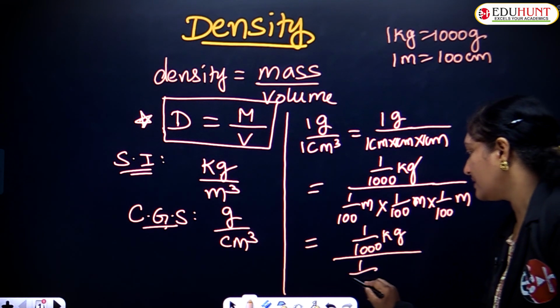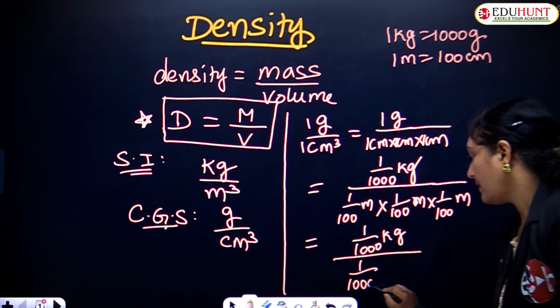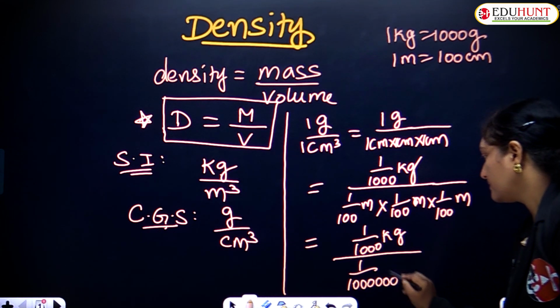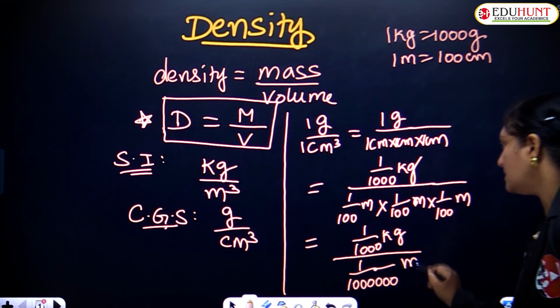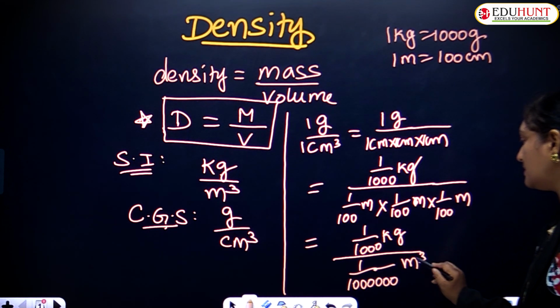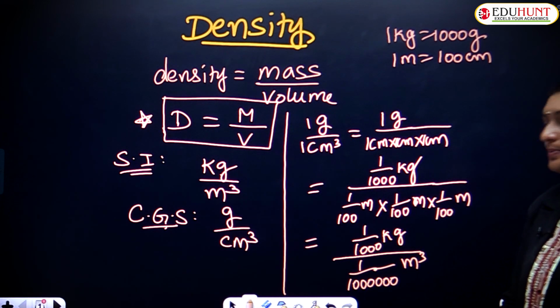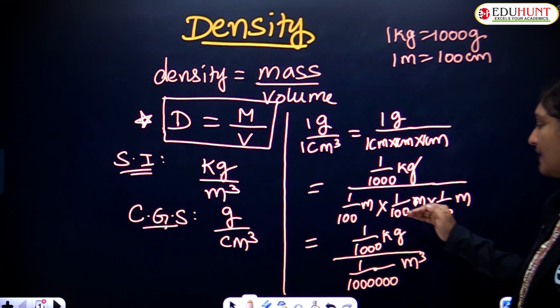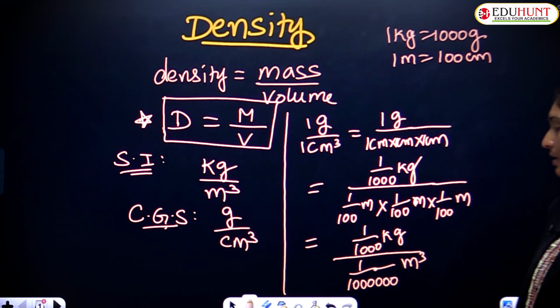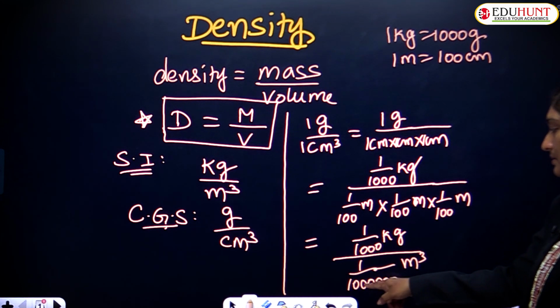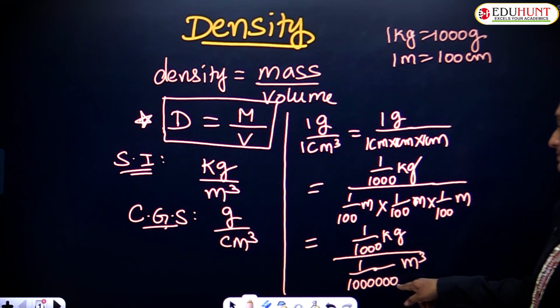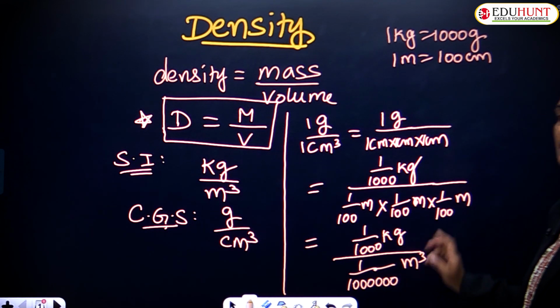So, here I can write meter into meter into meter is meter cube. So, 1 gram per centimeter cube can be written as 1 by 1000 kg upon 1 by 10 lakhs meter cube.